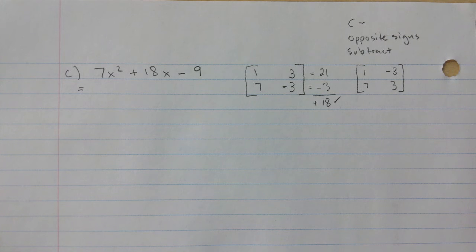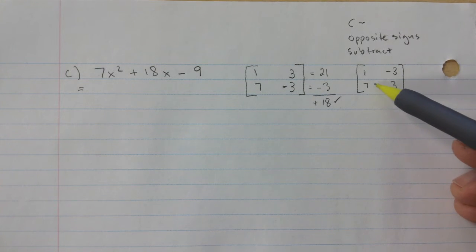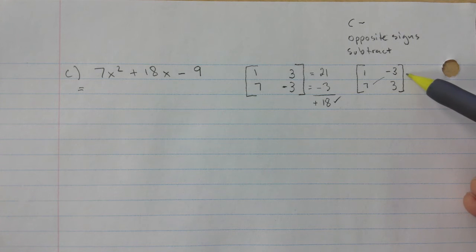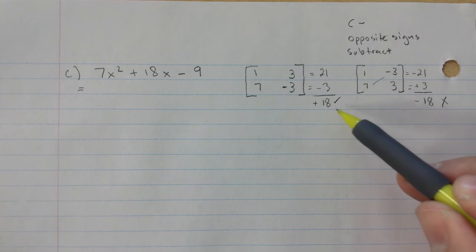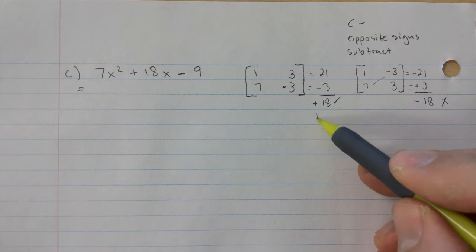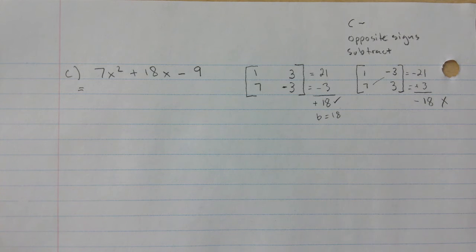Then 7 times negative 3 is negative 21. 1 times 3 is positive 3. In this case, you would still subtract, but you would get negative 18. This does not work, okay? This works because B is 18, right?